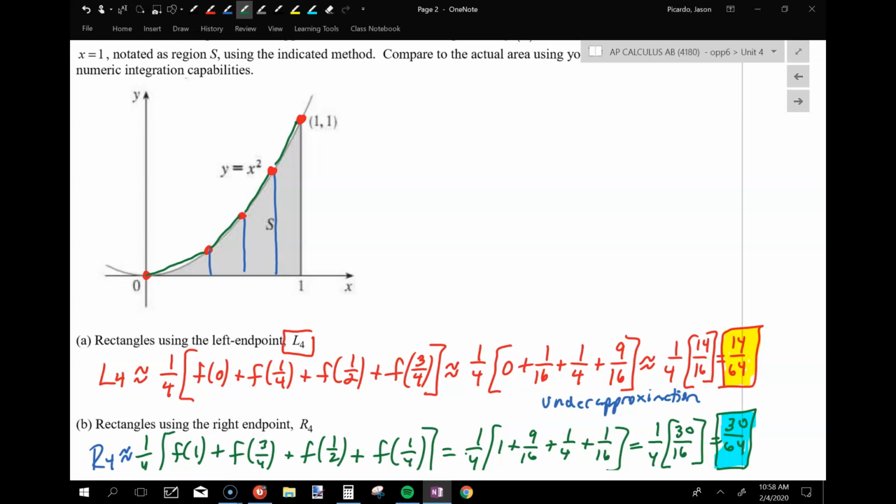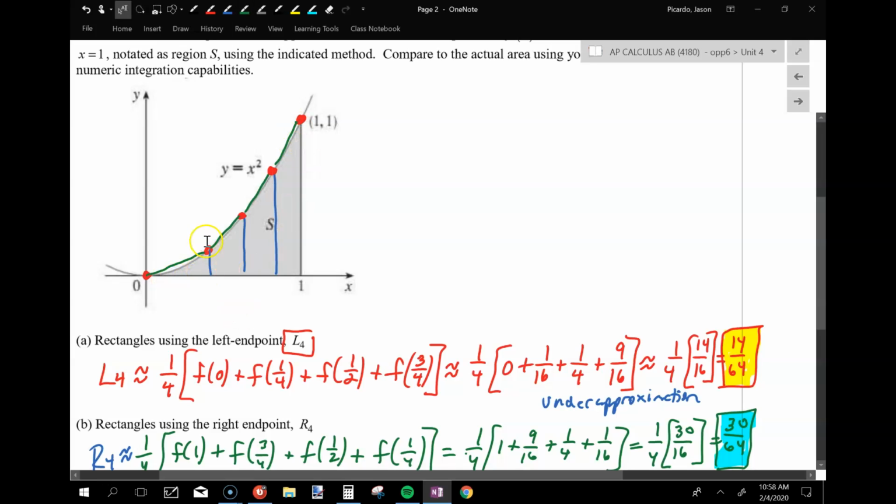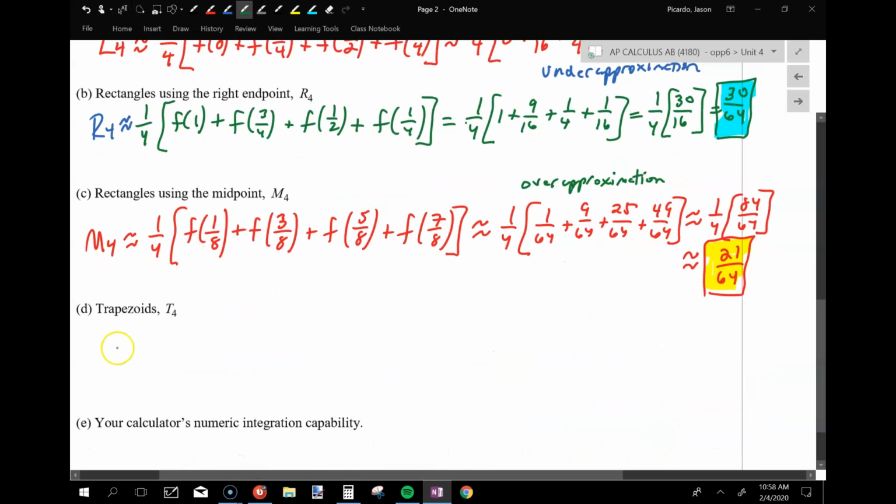All right, trapezoids now. How do I find the area of a trapezoid? I average the bases together. How do you find an average? You add together and divide by 2. So for a trapezoid, it's going to be a quarter times the average.